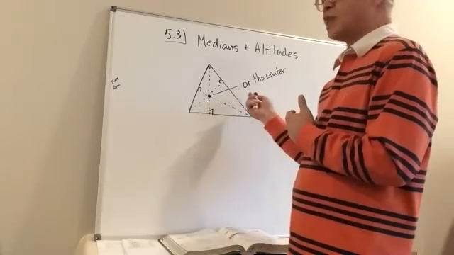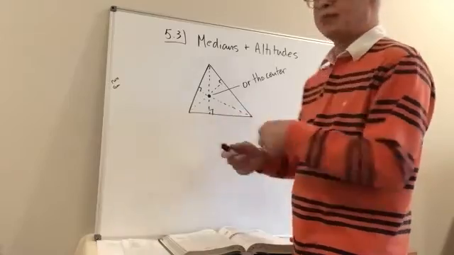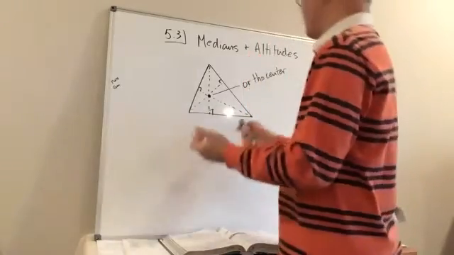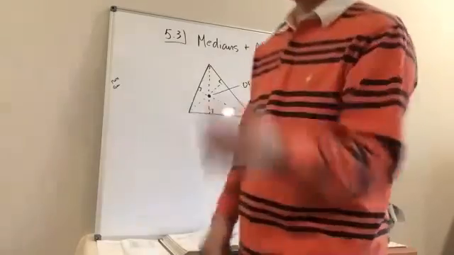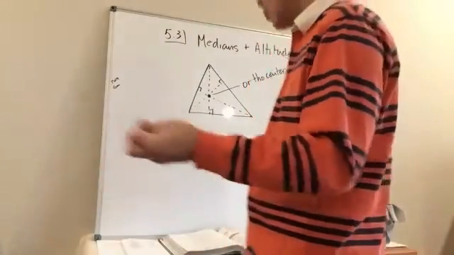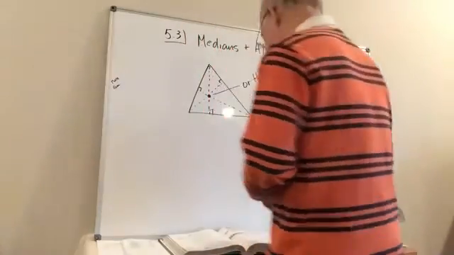Orthocenter is the same way, okay? If you have an obtuse angle, or obtuse triangle, then the orthocenter will be located outside of the triangle, just as the circumcenter was. Okay, so this is called the orthocenter.